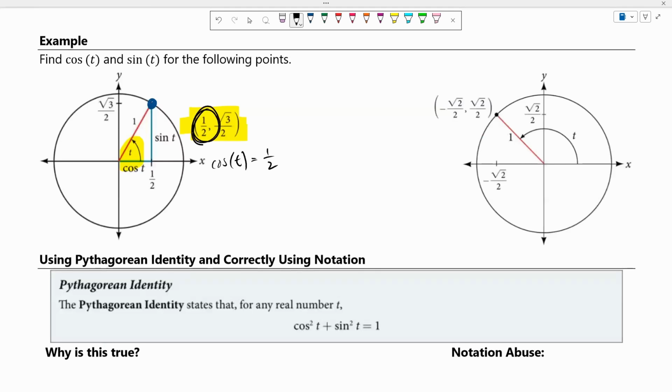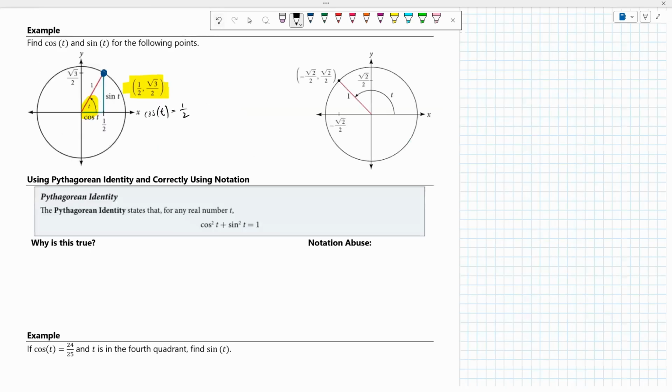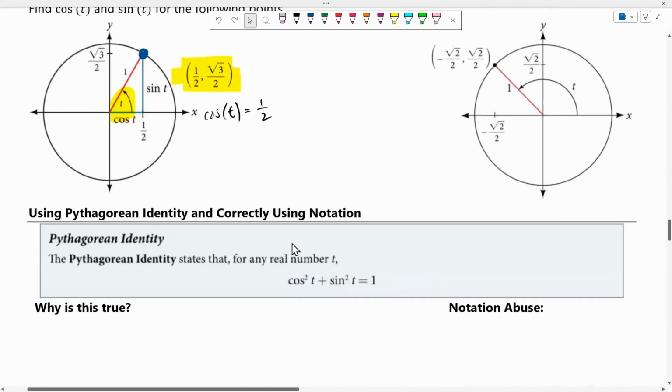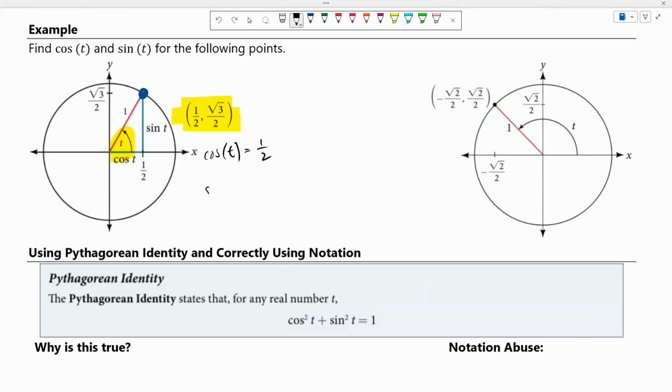That is the x portion. And then the sine of my angle t is equal to the square root of 3 over 2. That's it. We have sine and cosine.